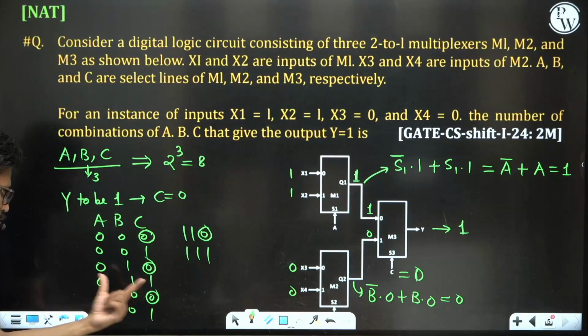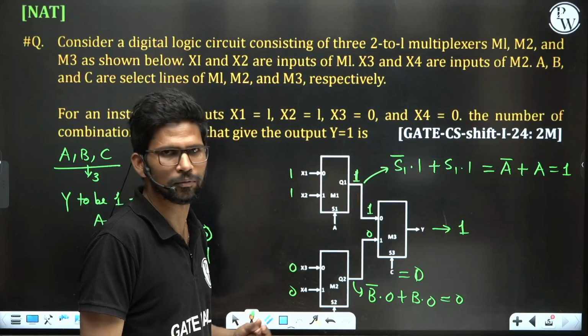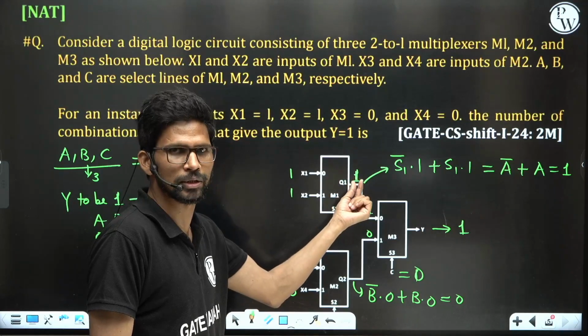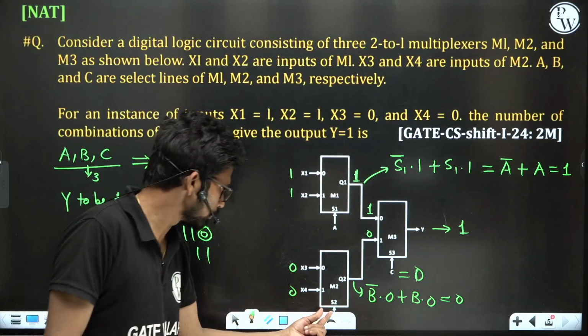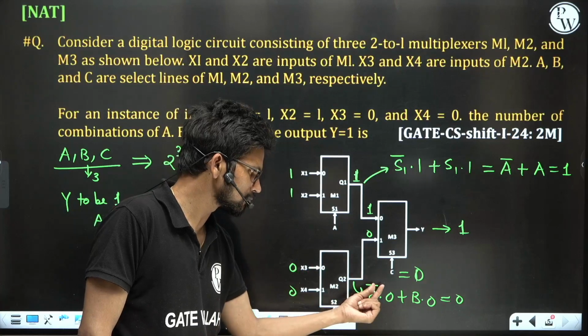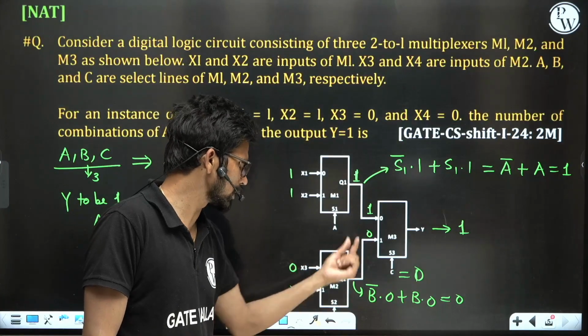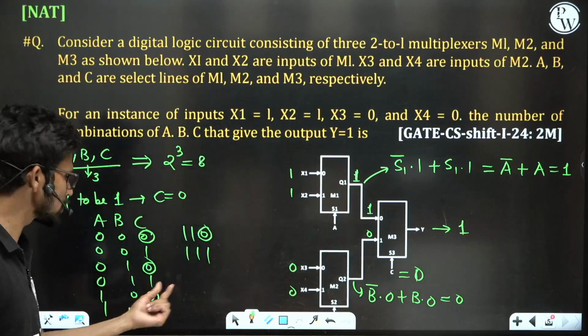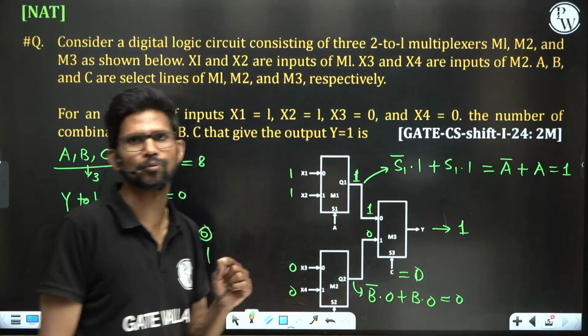For combination 1 0 0, for A to be 1, this will select x2 and the output here will be 1. For B to be 0, it will select x3, and this output will become 0. So from here there is 1, from here there is 0, this is 1 0, and as soon as you put C 0, it will select I naught and send the output Y to be 1.